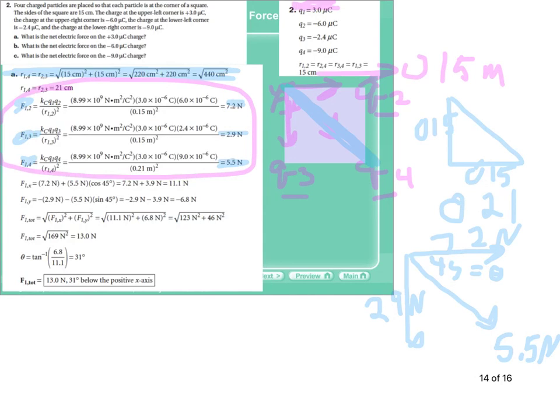So we find the x component of that. We would look at this little triangle right here, and the x component deals with the adjacent side and the hypotenuse.